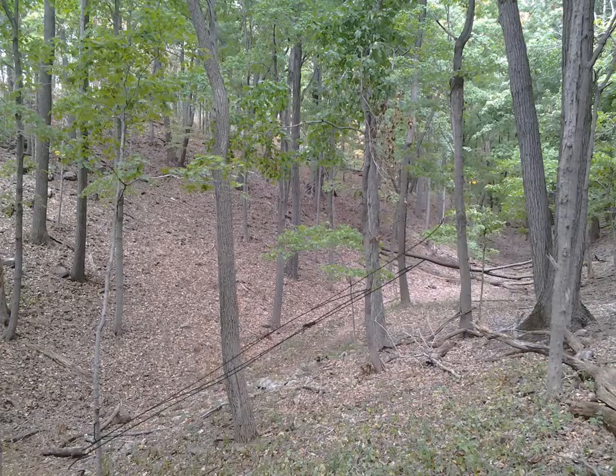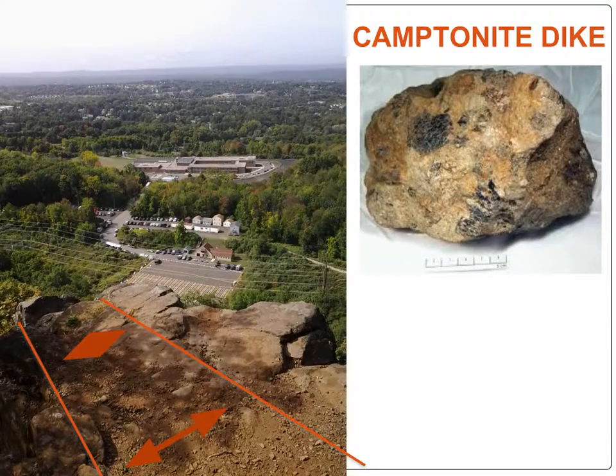And so over time, you get erosion down in this area of the fault, and then also back up on either slope as weathering and water erosion work on this area.